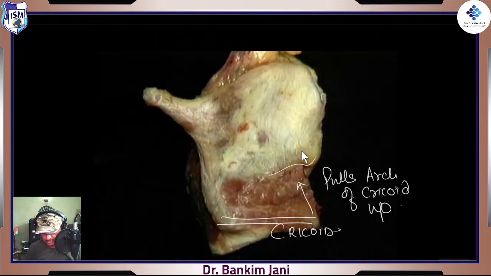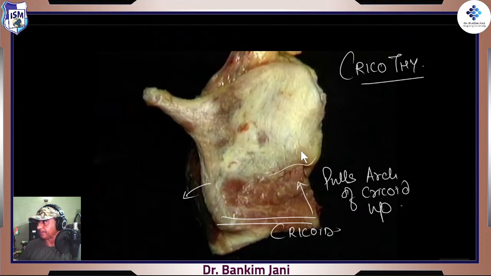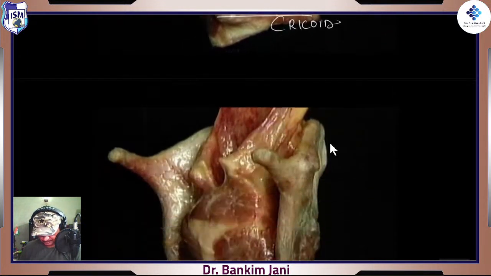What would happen? When this is pulled up, this thing would fall back. The cricoid would fall back. We are dealing with cricothyroid right now. So when it falls back, this whole assembly would fall back.